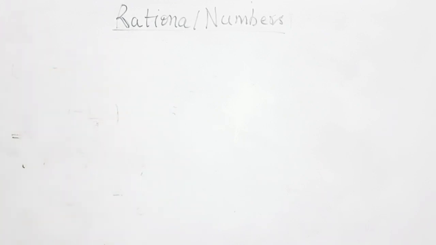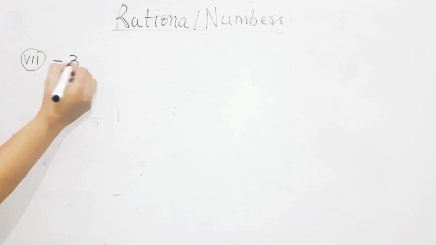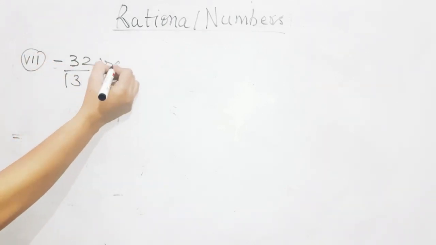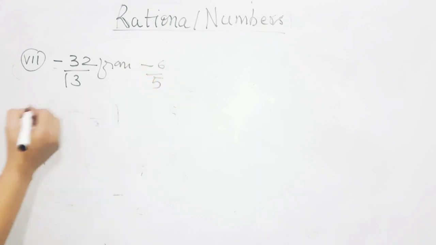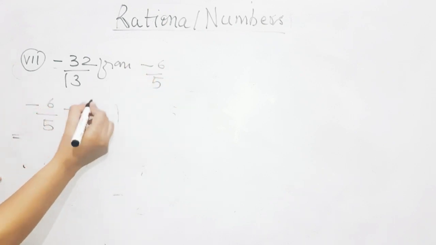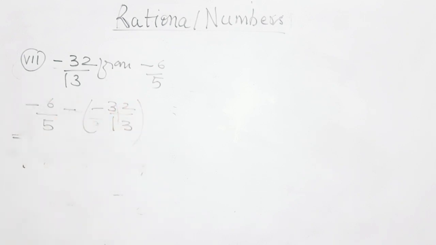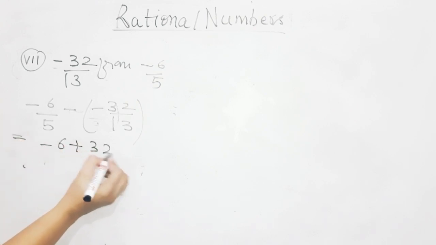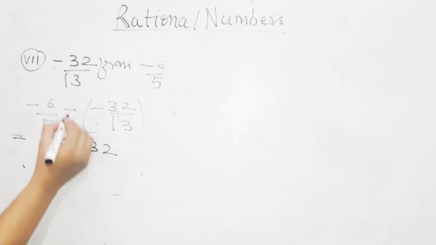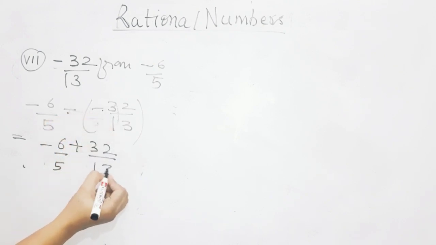Now coming to the 7th option. The seventh option is minus 32 upon 13 from minus 6 upon 5. So minus 6 upon 5 minus minus 32 upon 13, right? Now how will you proceed? Minus 6 upon 5, minus minus becomes plus 32 upon 13.